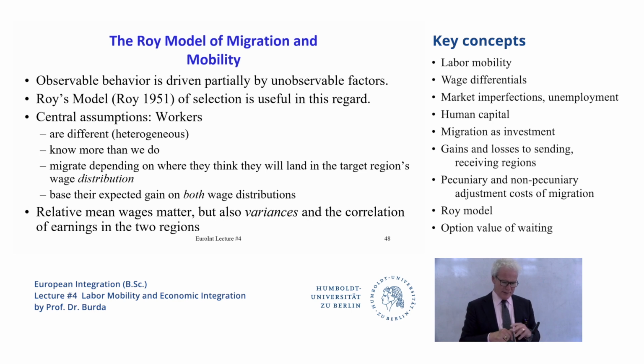Roy talked about this in the context of selecting an occupation. So why do people become dentists rather than professional piano players? You know, there must be some subtle stuff that we can't observe. Usually it's people know themselves better than we do, okay? So people are different, they know more than we do, and there's going to be a distribution of these reasons to migrate.